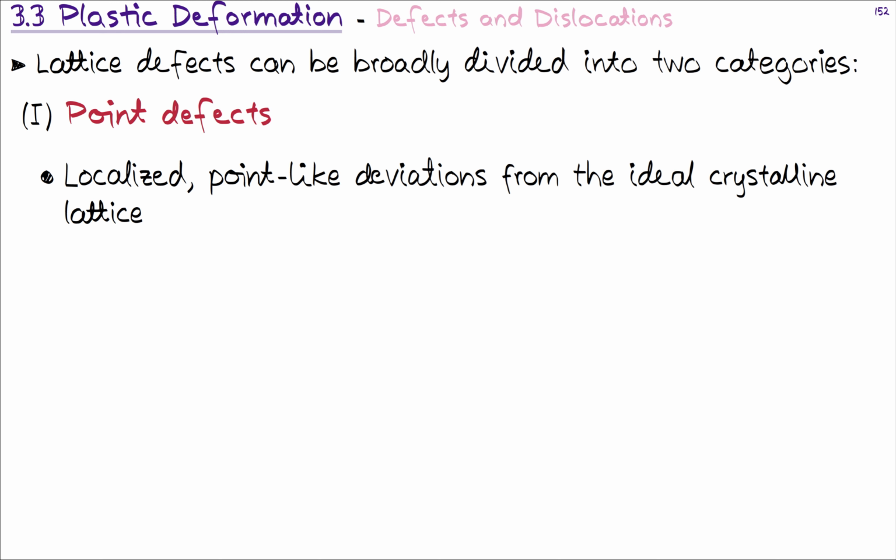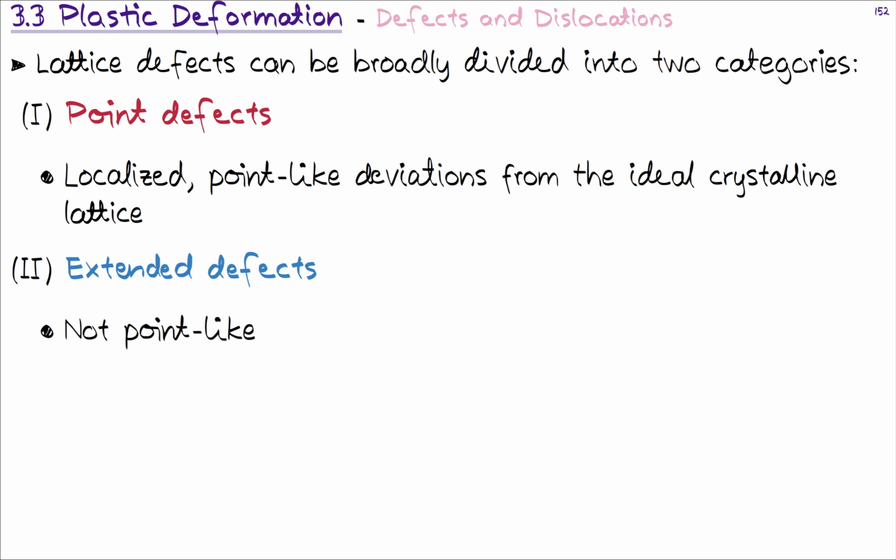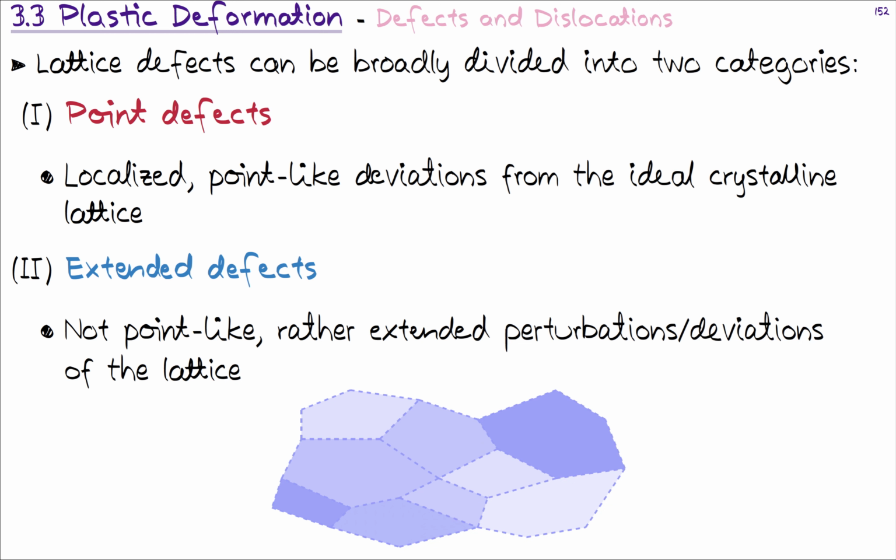Essentially it's a point-like deviation from the ideal crystalline lattice, and that can be described mathematically with the Bravais lattice and just placing the basis into each of those lattice points. And then we have extended defects, and these are not point-like anymore, but rather larger in dimensions: extended perturbations and deviations of the lattice.